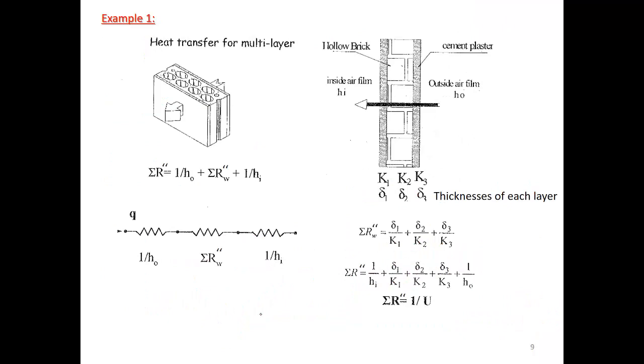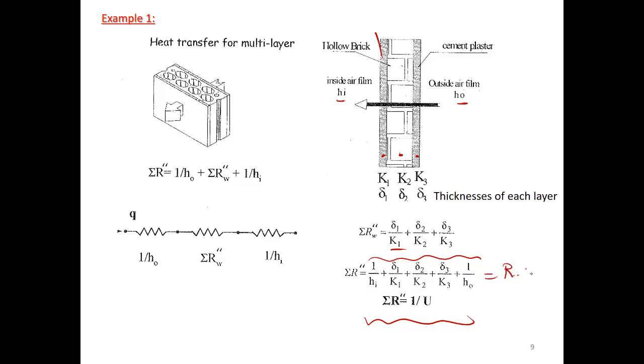And that's what I have here for you in example 1. So you have a block wall, you have gypsum or cement plaster, and it's cement plaster inside and outside. You have inside film and outside film. But notice that we're only reporting the flux, so it's multiplied, if you want, by the area.